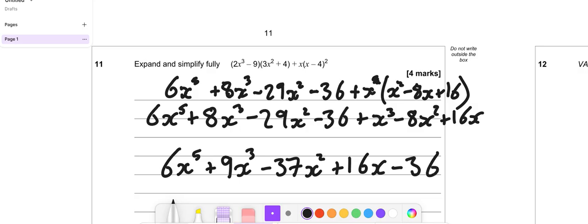Doesn't look very nice at all, but that is as simple as it goes. That's 27, 27 plus 8 is 35. Apologies.